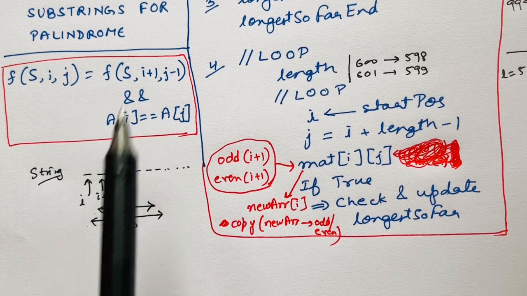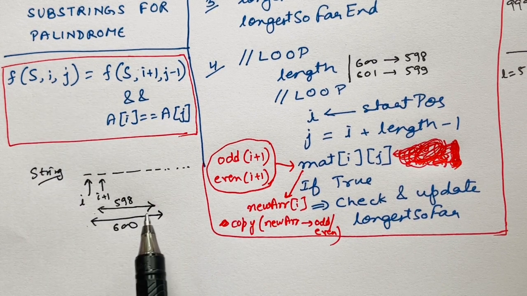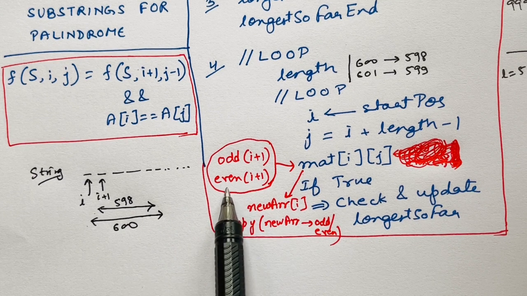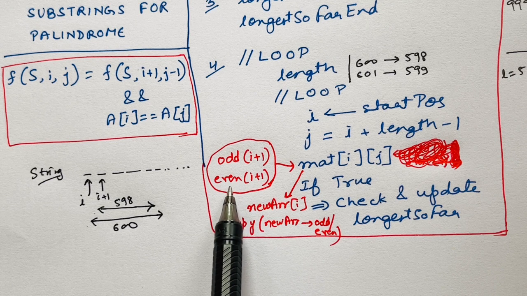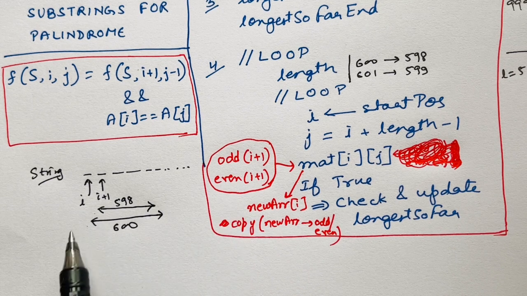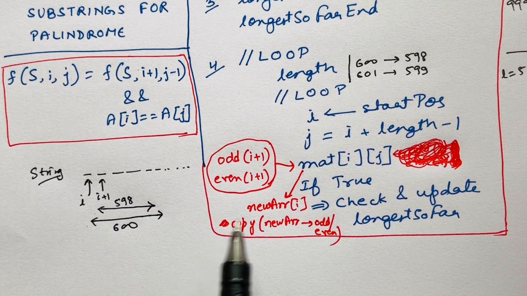Because of this recursive relation. And we already have this information stored where? In the even length array. So we will use the information of the 598 length array to compute the value for the 600 length array, and we'll fill that in this new arr i.